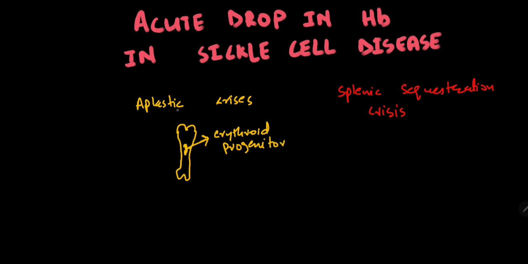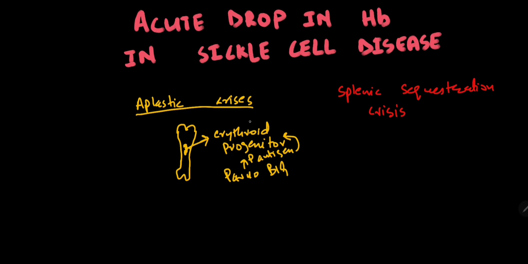So the aplastic crisis happens when you have something called the parvovirus B19. Parvovirus B19 binds to the P antigen of the erythroid precursor cells, and that basically just stops erythropoiesis. So the hemoglobin, the red cells, they do not form.